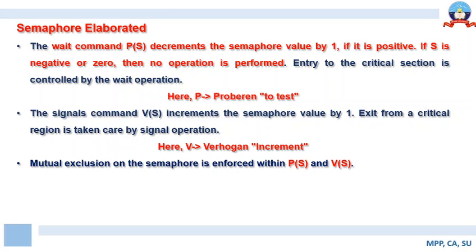Based on the value of semaphore, the wait function lets the cooperating process know whether it can or should not initiate the process of execution. Consider a situation when the value of semaphore is 1.